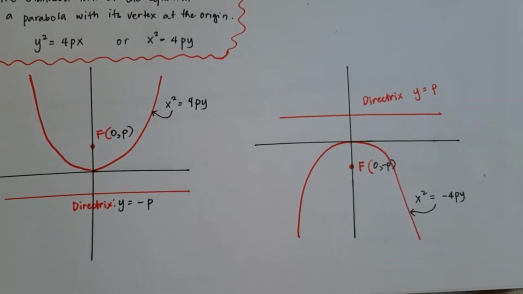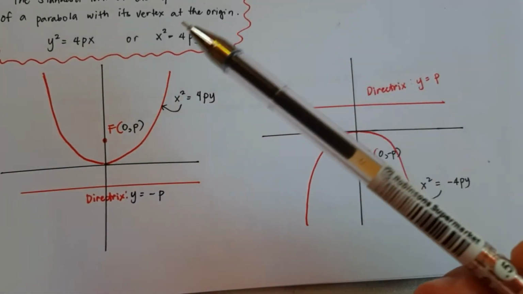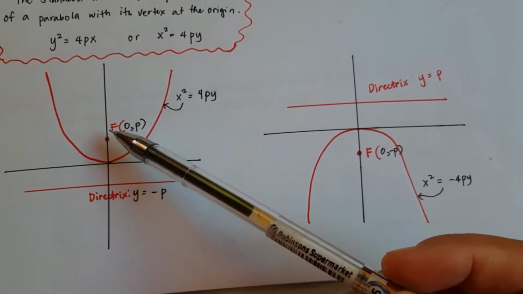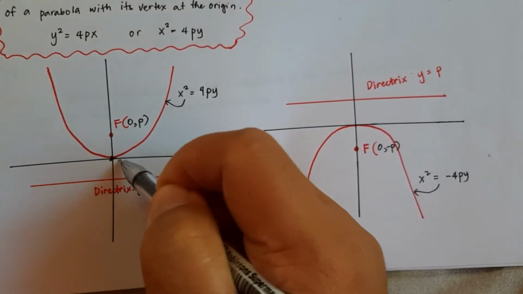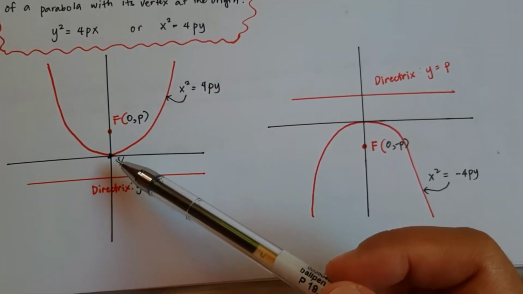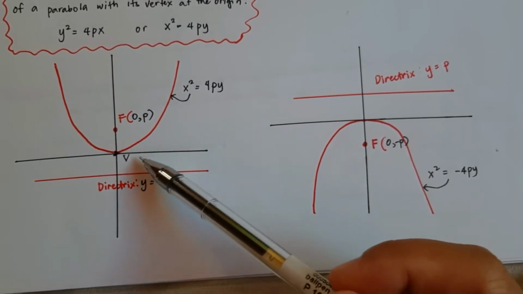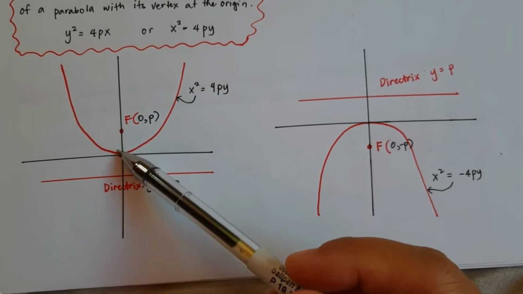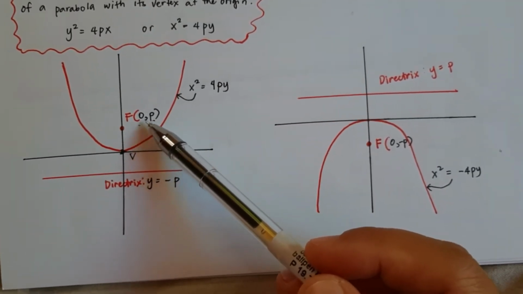So, pag upward naman, kagaya ng sabi ko kanina, lagi ang focus ay nasa loob ng opening ng parabola. So dito, since nasa origin ang vertex, ang magiging focus niya ay 0, which is yung number na nasa x-axis, and the value of the number sa y-axis yung p, or the coordinates.